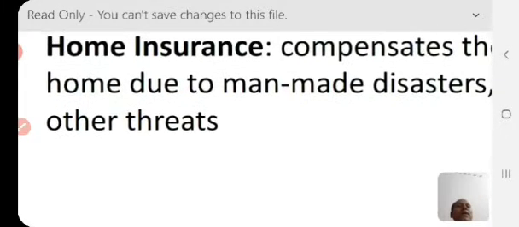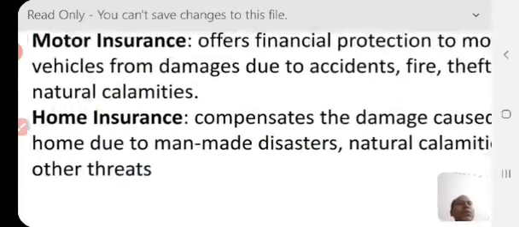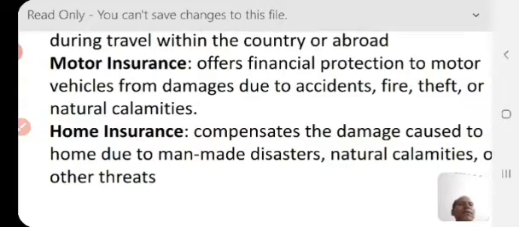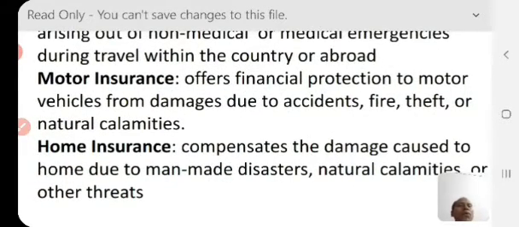So, with this, I hope that you have understood to the maximum extent the types, the principles of insurance, and the types of insurance.